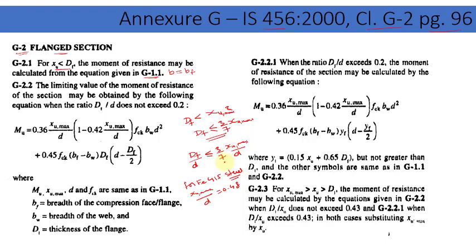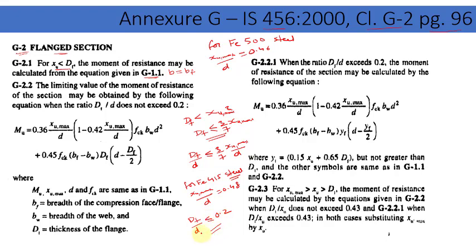So if I substitute here, I get dF by D less than or equal to 0.2. Similarly, for Fe500 steel, XU max by D is 0.46. If I substitute 0.46, still I get dF by D less than or equal to 0.2.